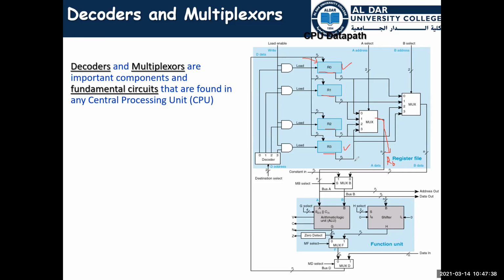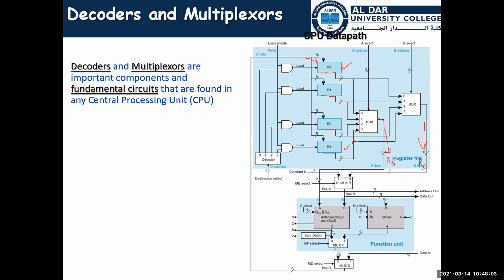R3 is passed to the other multiplexer, and because we have a connection here, the output will be on that path. So here we will get R3. Okay.